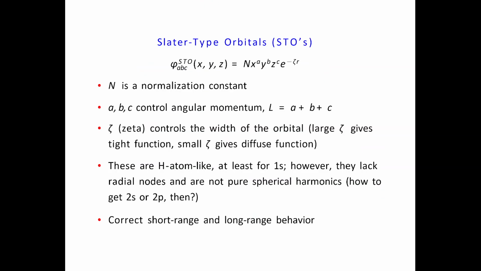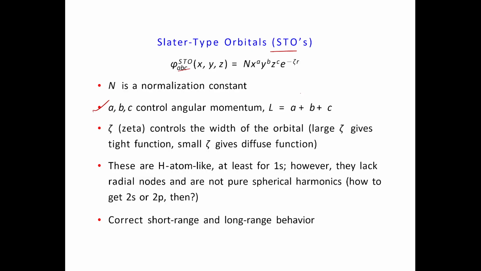So what is this Slater type orbital, or STO? You can see here that it has coefficients a, b, c. These control the angular momentum: x to the power a, y to the power b, z to the power c. If you have a 1s orbital, it has no angular momentum, so a is 0, b is 0, c is 0.